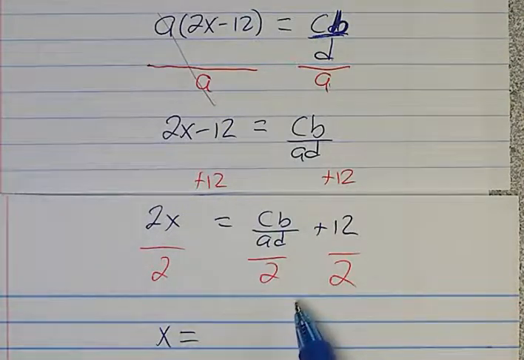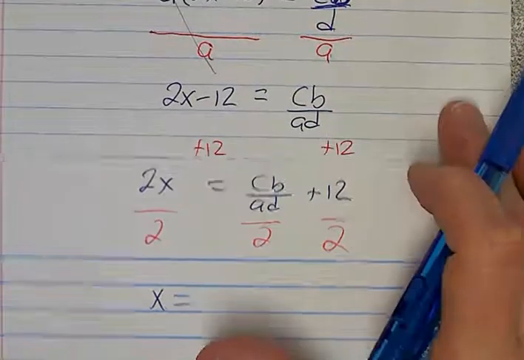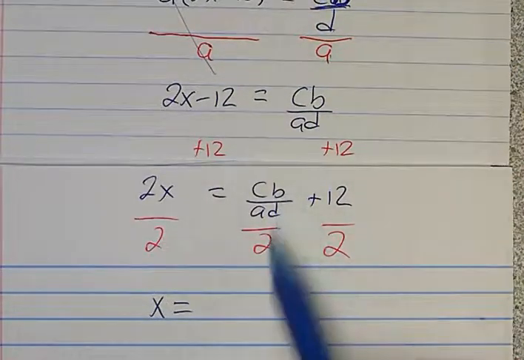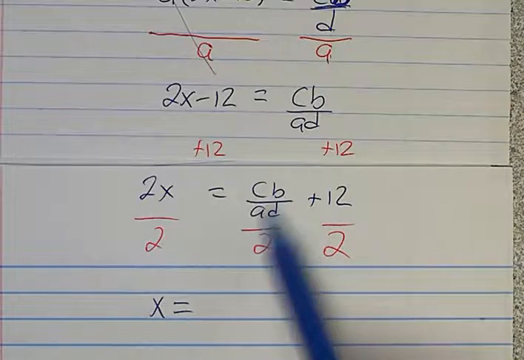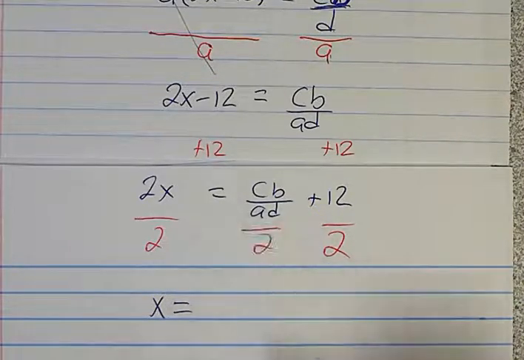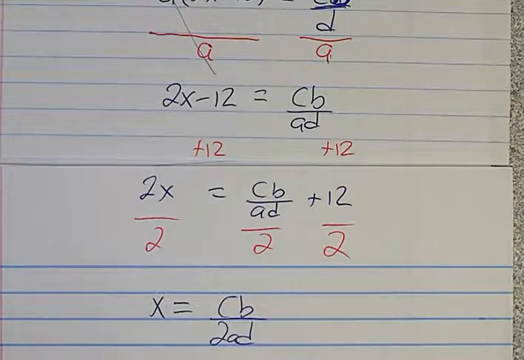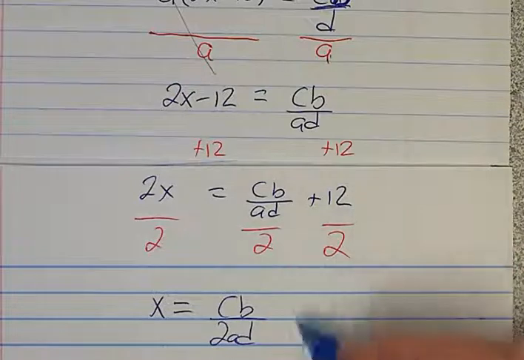Okay, now this one's kind of the same thing here. When we took that CB over AD, if you divide it by 2, it's CB divided by AD, and then divided by 2. So really, it's CB divided by all three of those. So it's really just CB divided by 2, A and D. And then you've got 12 divided by 2 to make that 6.